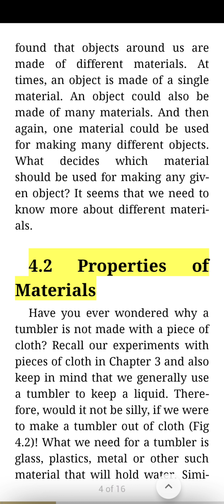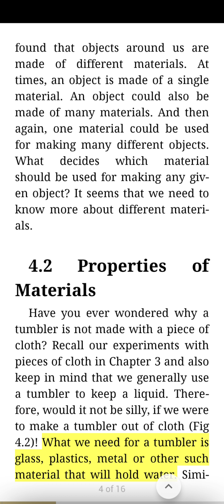4.2 Properties of materials. Have you ever wondered why a tumbler is not made with a piece of cloth? Recall our experiments with pieces of cloth in chapter 3, and also keep in mind that we generally use a tumbler to keep a liquid. Therefore, would it not be silly if we were to make a tumbler out of cloth? Fig 4.2.